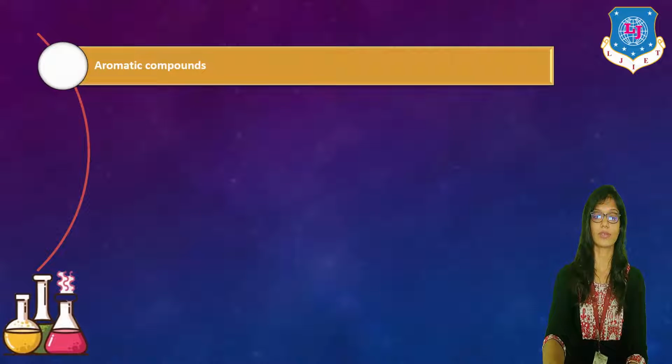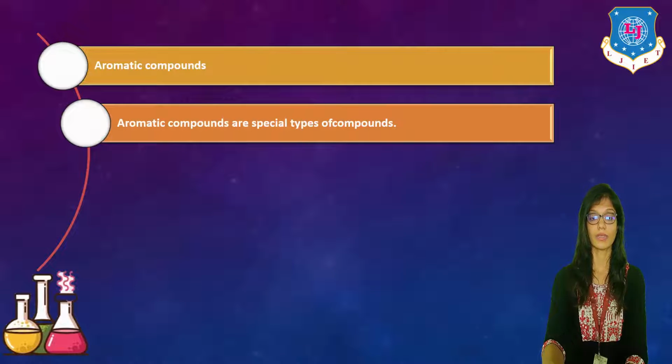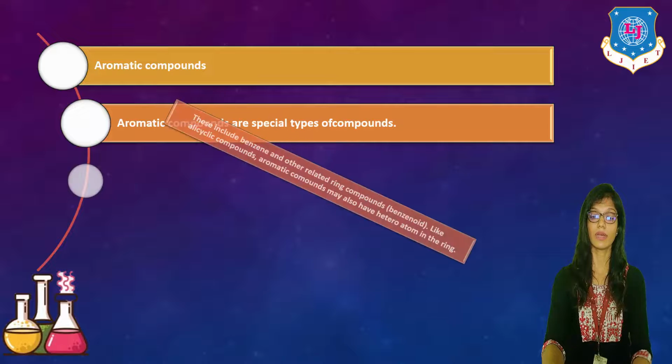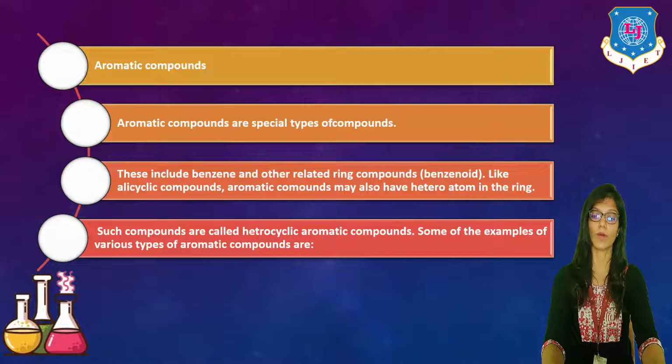Now let's talk about aromatic compounds. Aromatic compounds are special types of compounds, and these include benzene and other related ring compounds like benzenoids. We also have heteroatoms in the ring, and such compounds are called heterocyclic aromatic compounds.